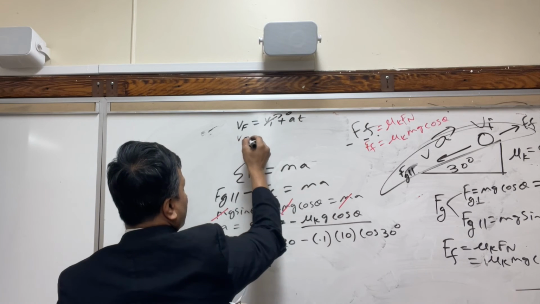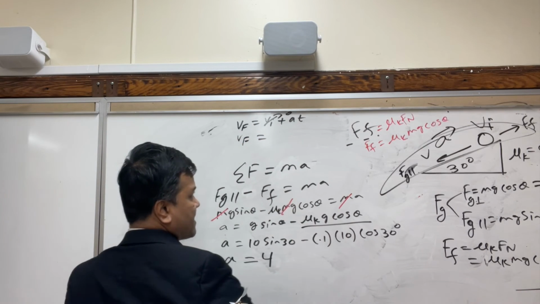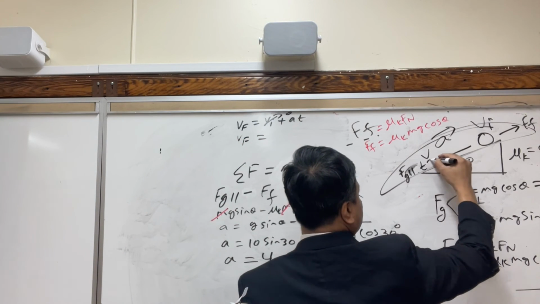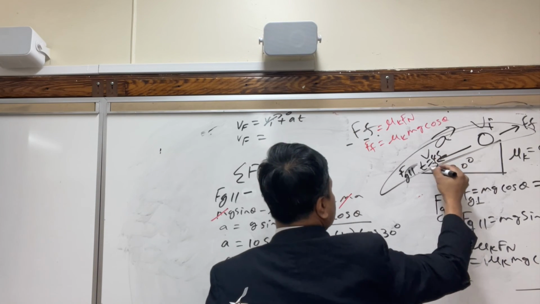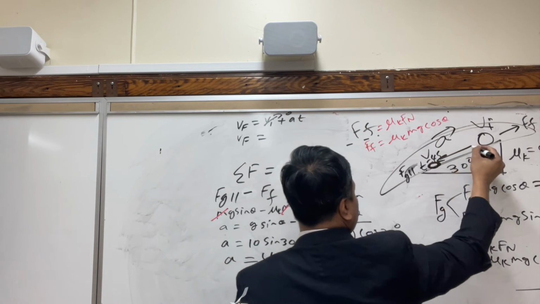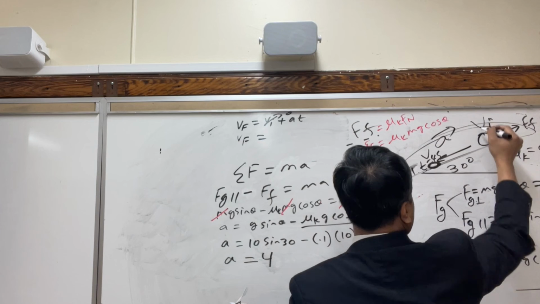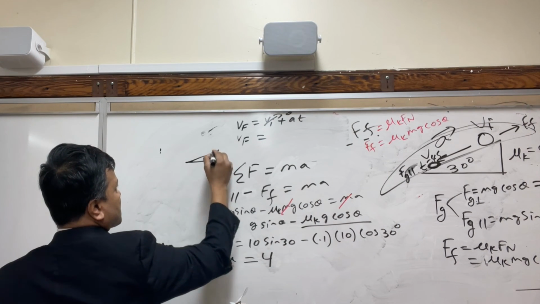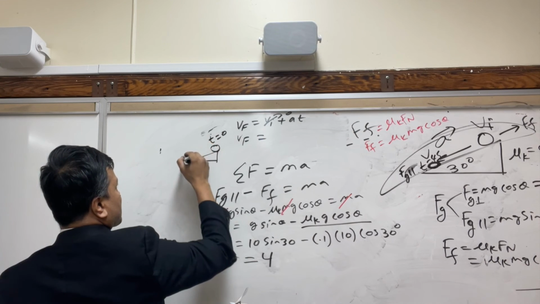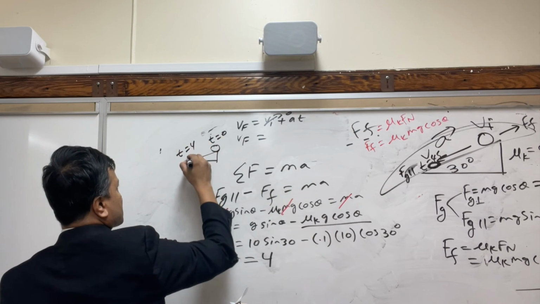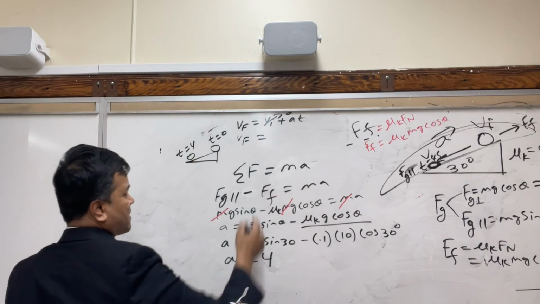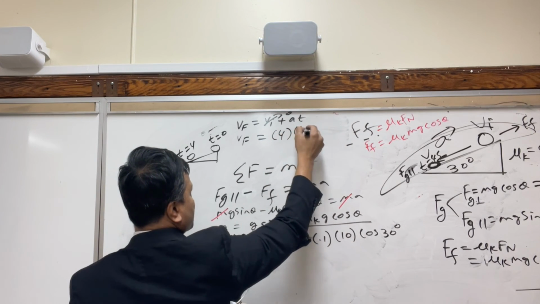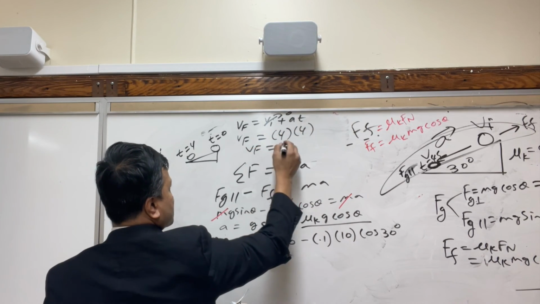So Vf is equal to the acceleration times the time. Let's say t is 4 seconds somewhere here. I'm going to draw it here: t is 0 and t is 4 seconds. So what is the velocity when t is 4 seconds? 4 times 4. Vf is 16.